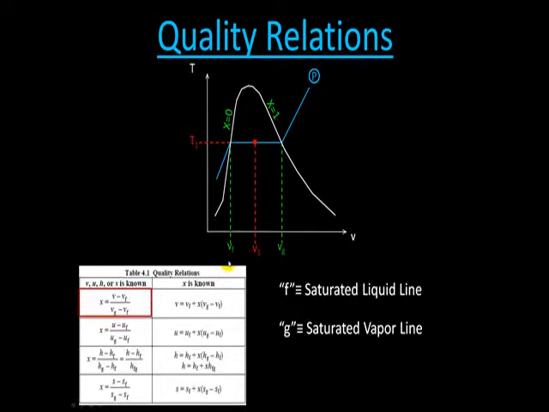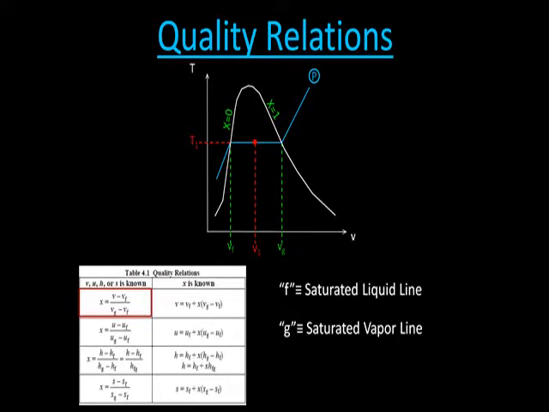So we're saying it's a mass fraction, how much of it is in vapor form. As it goes to the right toward vapor, we see how far it has traversed divided by the total amount it could traverse. That gives you your quality.